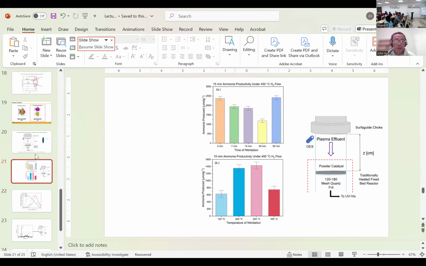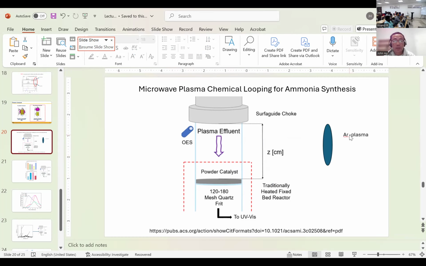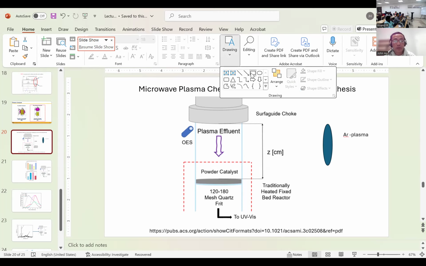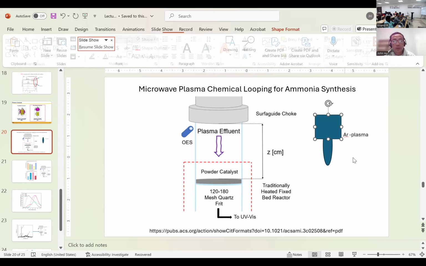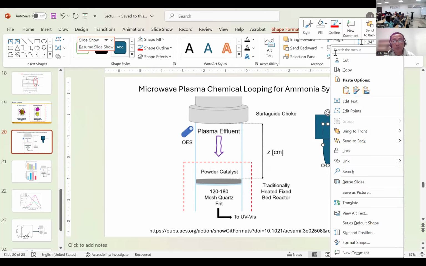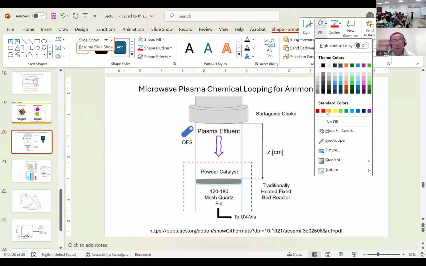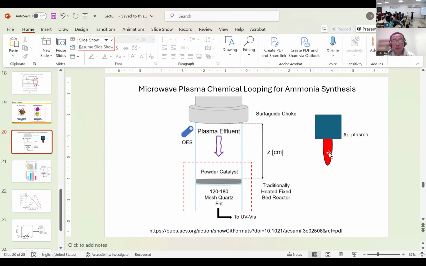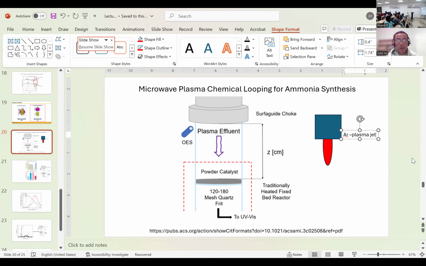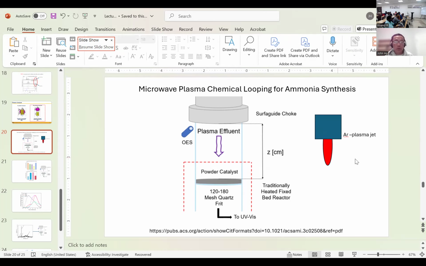You basically use the plasma from argon to ionize nitrogen. Is that what you are doing in your laboratory? I think it's called an argon plasma jet. So you generate it, then you flow the nitrogen onto it, and the whole thing is in the reactor. You follow me?